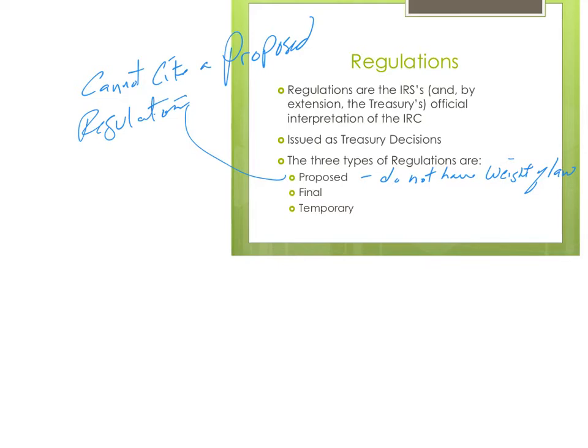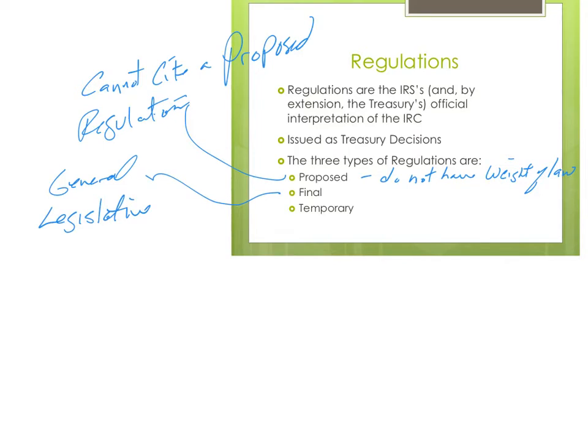Okay? Now, final regulations come in two varieties. There are general and there are legislative. Okay? So general regulations are not as precedential as legislative.